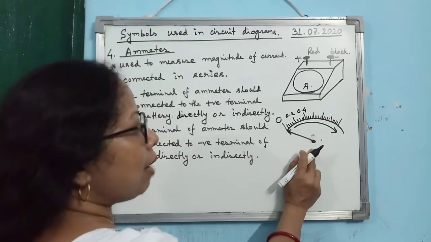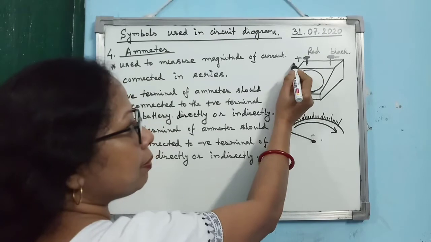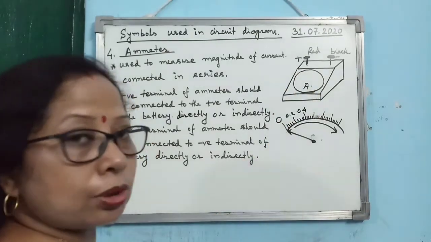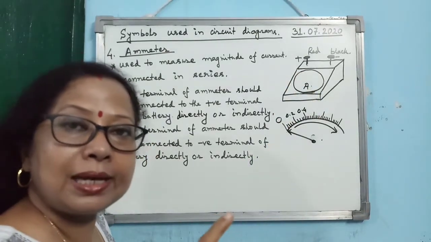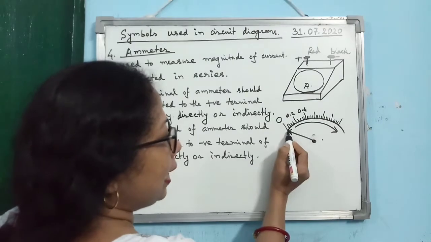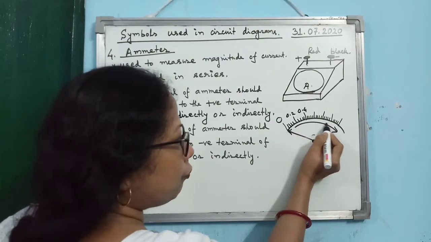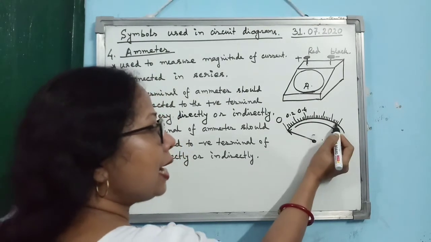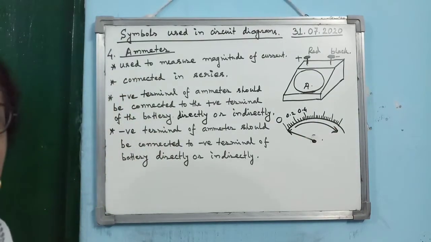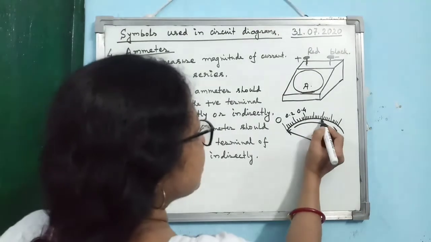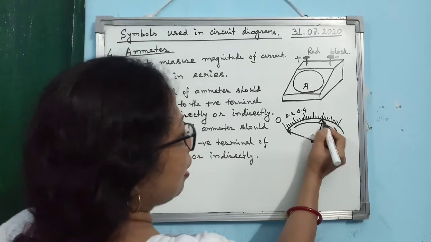Alright, so if you connect the positive terminal of the ammeter to the positive terminal of the electric cell, current will enter and the pointer will deflect in this direction and it will give you the magnitude of the current. Suppose at any instant of time the pointer is coming here.